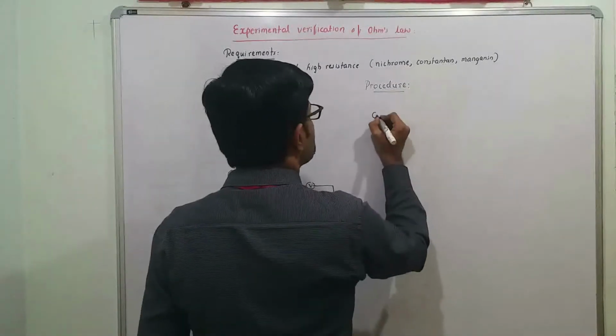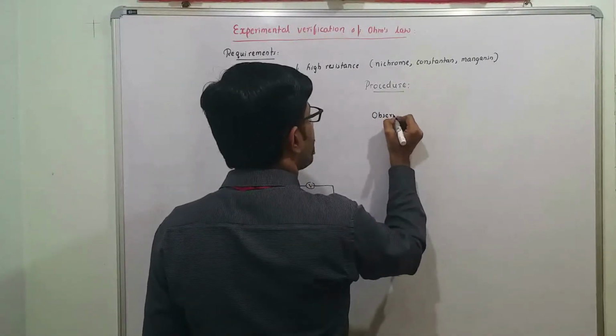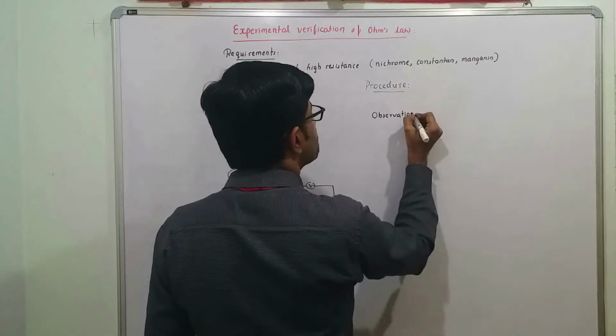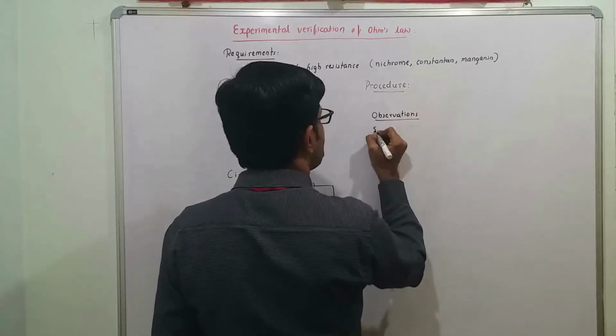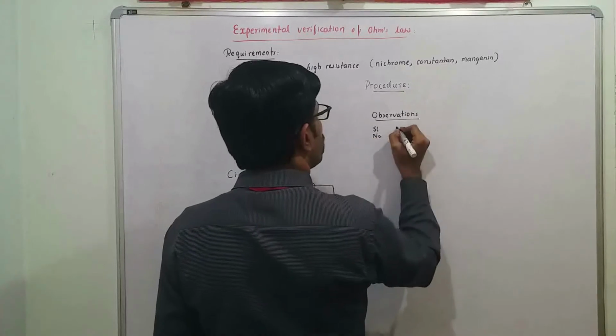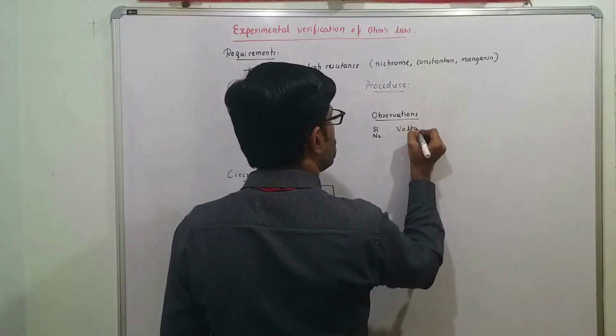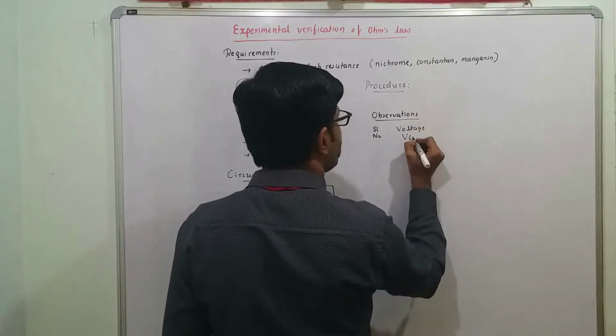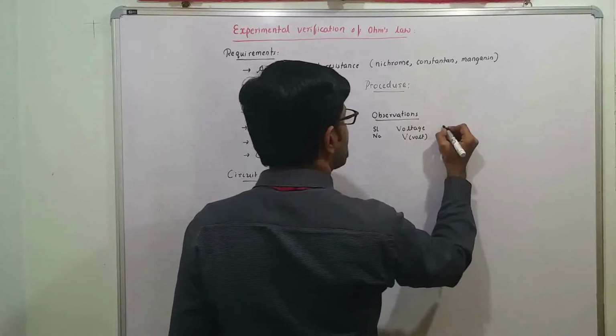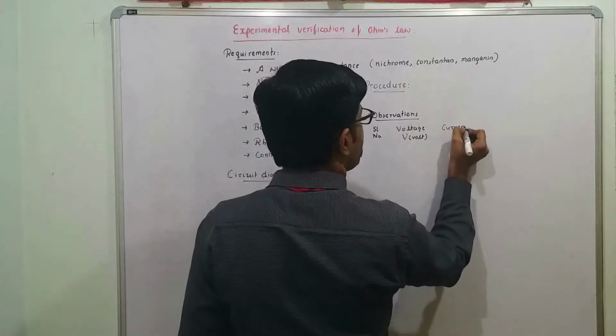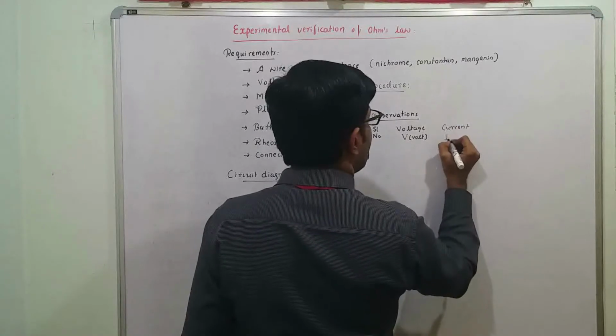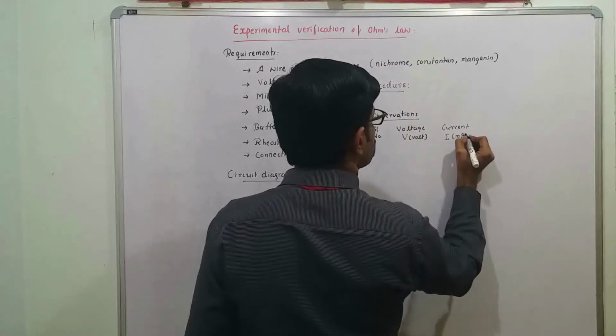So the observations chart comes into play. Observations are as follows. Serial number, voltage, we are measuring V in volt. Next, current I in milliampere.